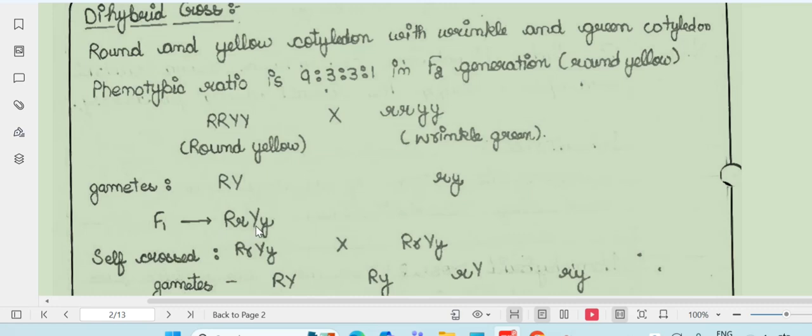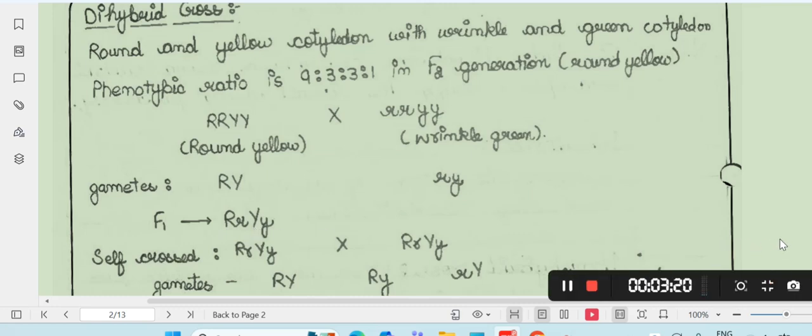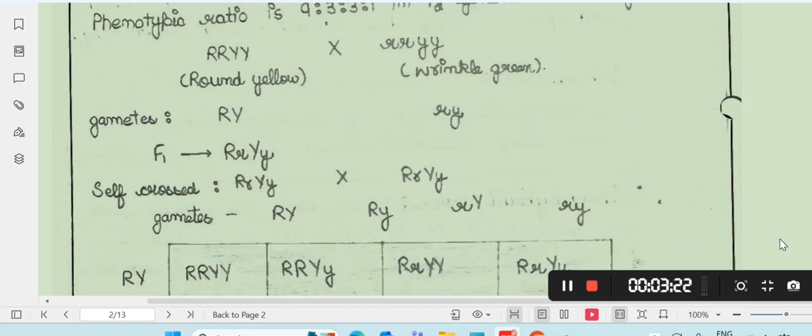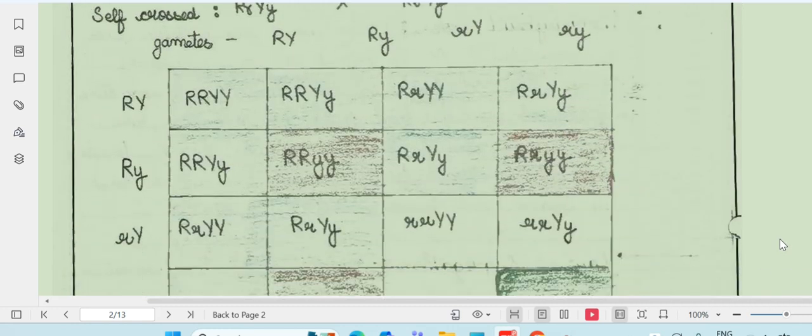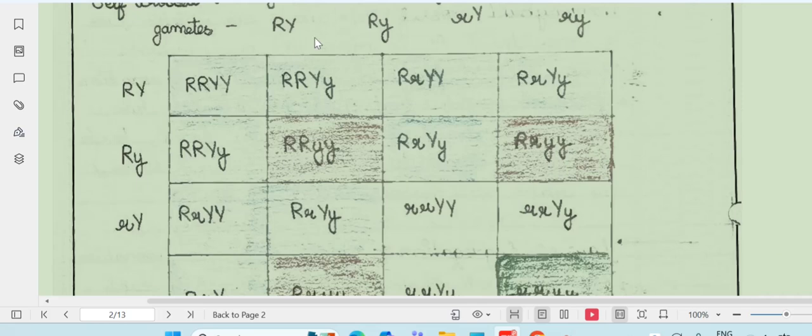When these are self-crossed, you get the gametes here, and in the Punnett square you can put them like this and get the results: capital R capital Y, capital R small y, small r capital Y, small r small y, like this on the left side also, and you get the results here.